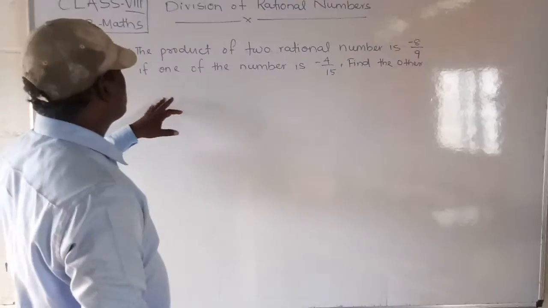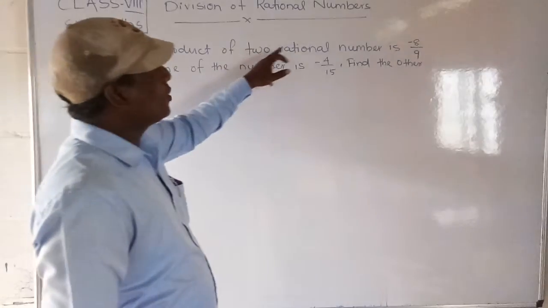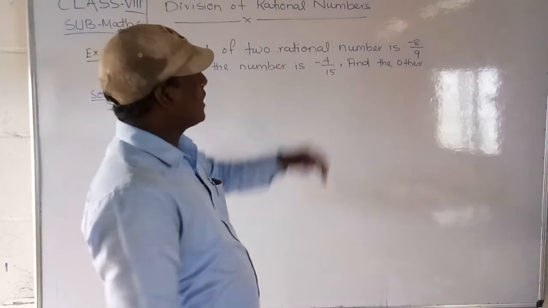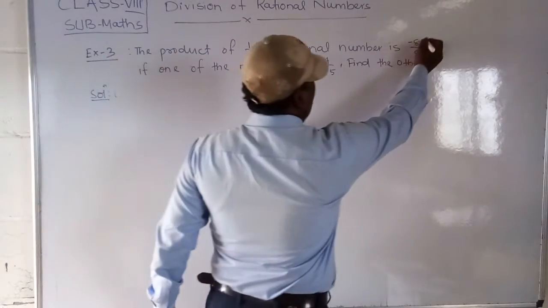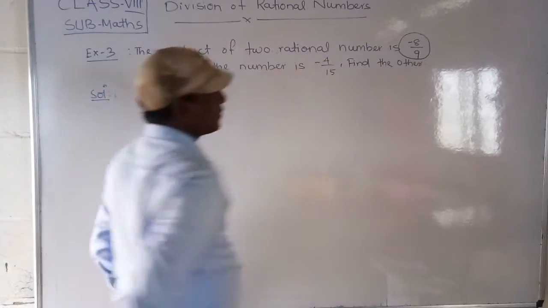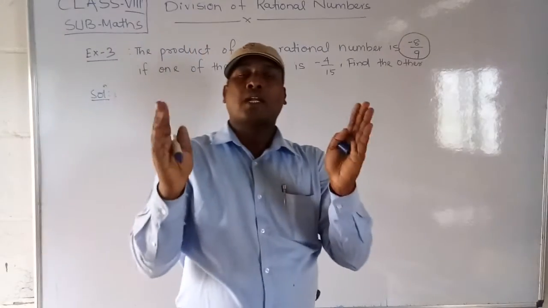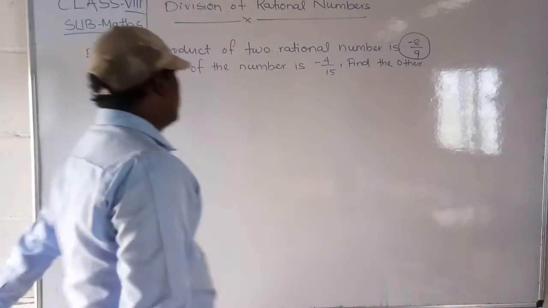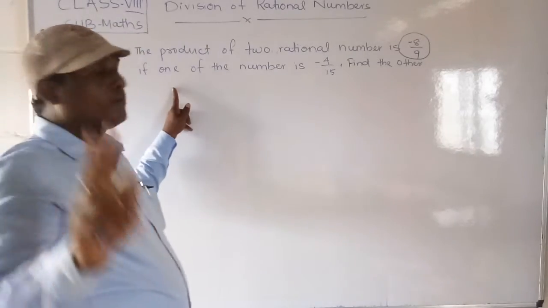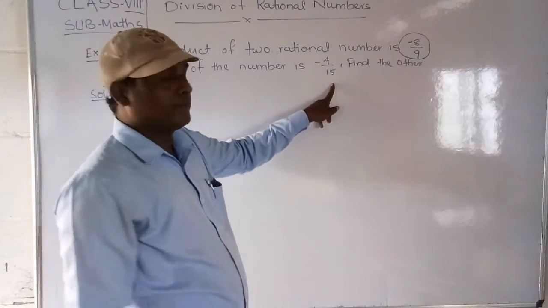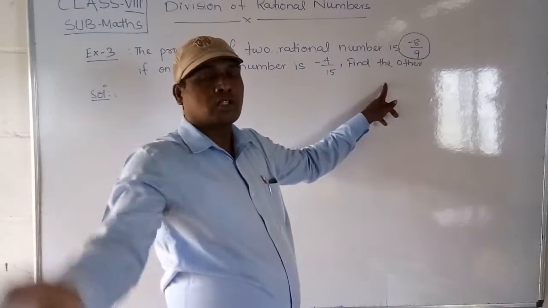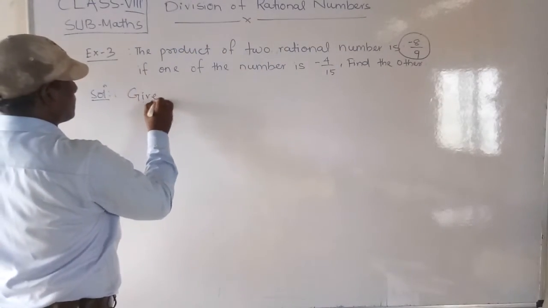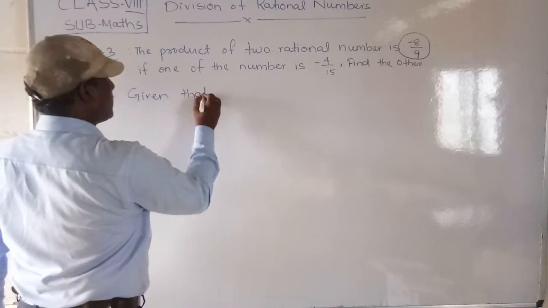So observe friends, the product of two rational numbers is minus 8 by 9. Observe, we multiplied two rational numbers, and that product is minus 8 by 9, and out of those two, one number is minus 4 by 15. Find out the other number. Okay friends, so what is given to us?